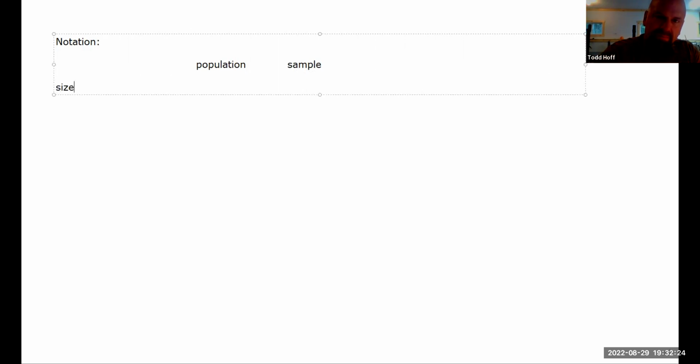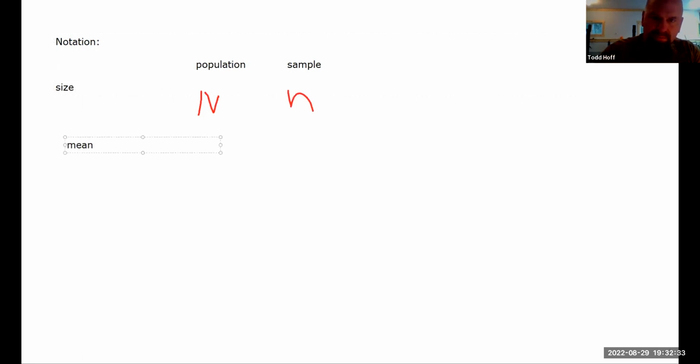Some notation symbols I want to make sure we get down here. Let's distinguish between a population and a sample. So the size of population, it's capital N. For a sample, it's little n.